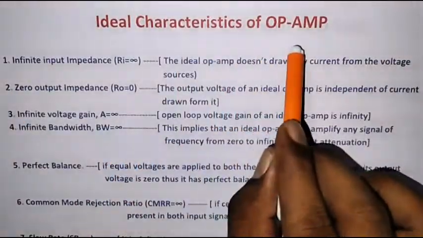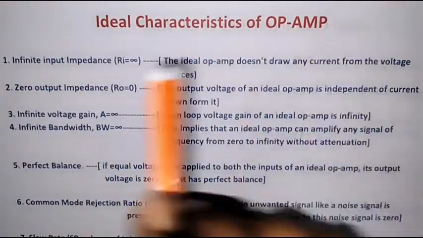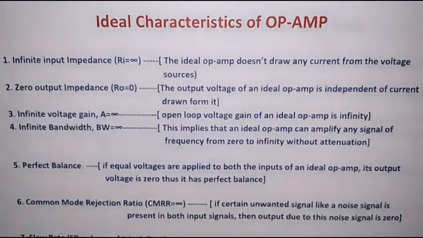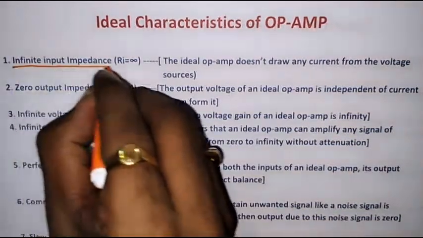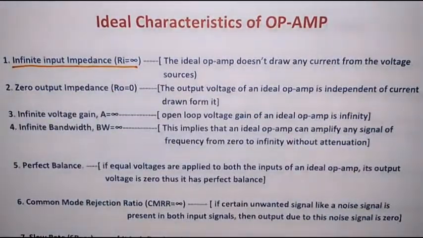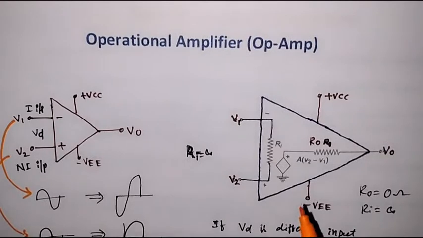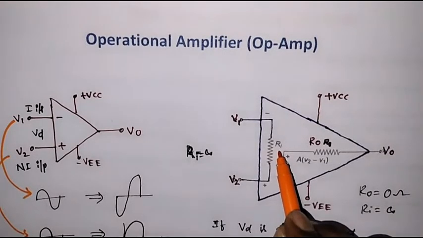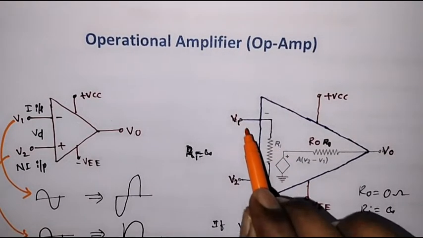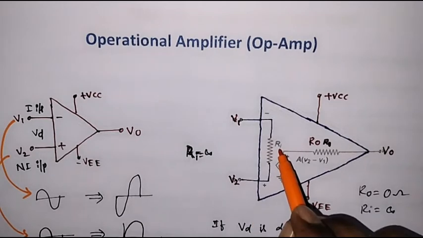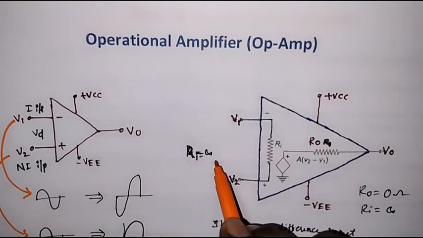Ideal characteristics of op-amp or operational amplifier: infinite input impedance, that is Ri is equal to infinity. As I have shown in previous slide, here we have the input impedance between these two terminals, that is Ri. For ideal op-amp, this value will be infinity.